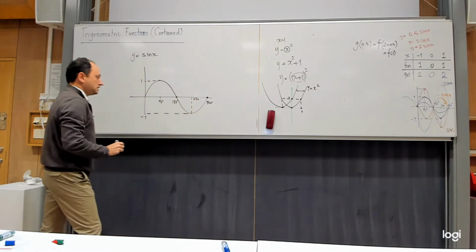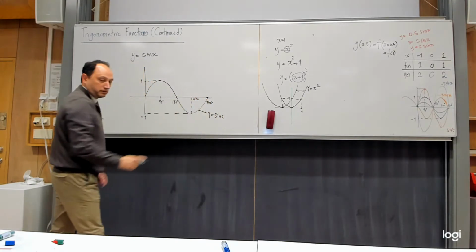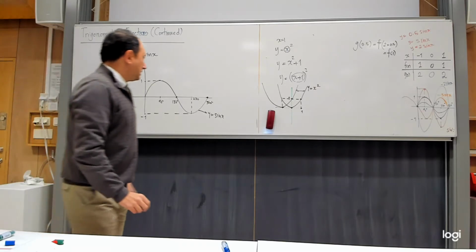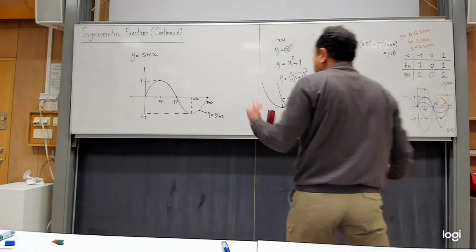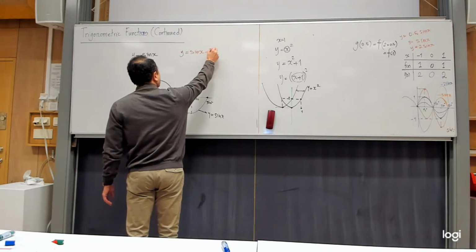So this is y equals sine x, of course, in just one single period. Okay, so now, if I ask you, can you imagine the graph of sine x plus 1, what will happen, do you think?